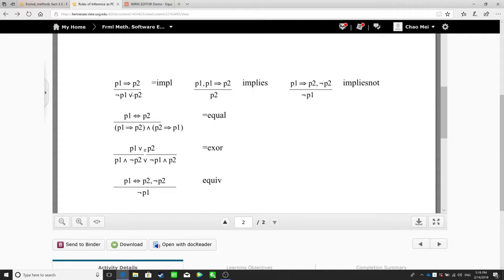P1 implies P2 we can rewrite as the negation of P1 or P2. Remember this one. This is the most critical rule we need to use in the direct proof.